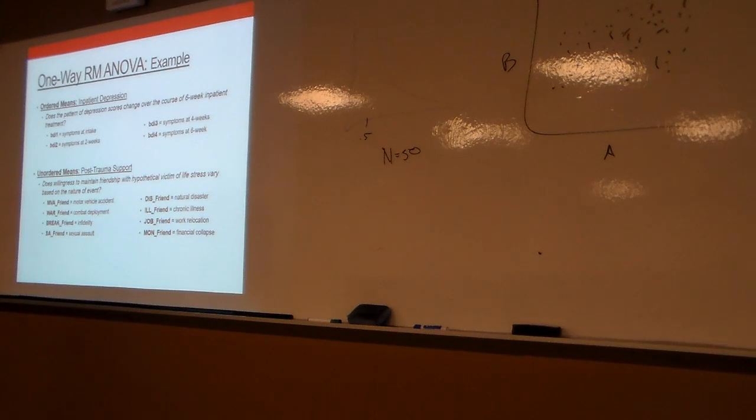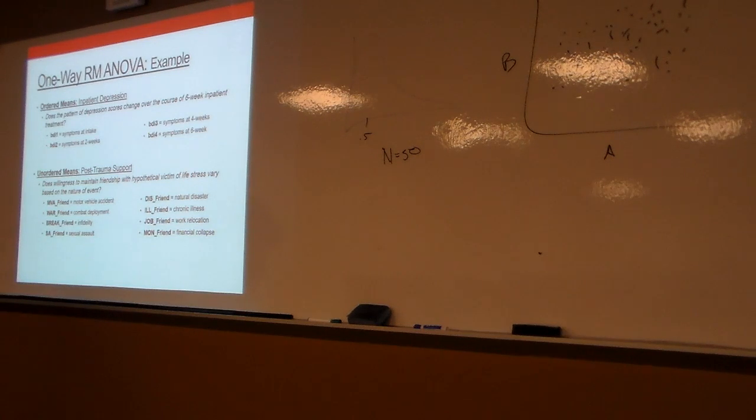Now in this study, I wonder if people's willingness to reach out and maintain friendship for survivors of sexual assault is the same as, say, combat deployment, or whether people on average are more likely to provide friendship for survivors of traumatic events versus other stressful but probably non-traumatic events, things like I lost all of my savings, or I had to relocate for work, or I had a partner who was unfaithful to me, or something along those lines, right?